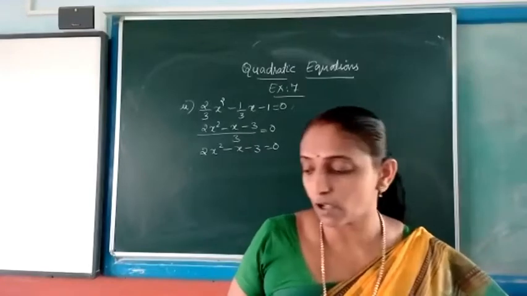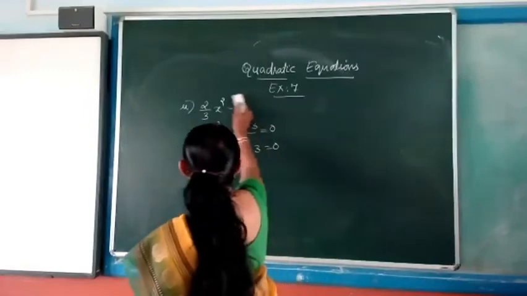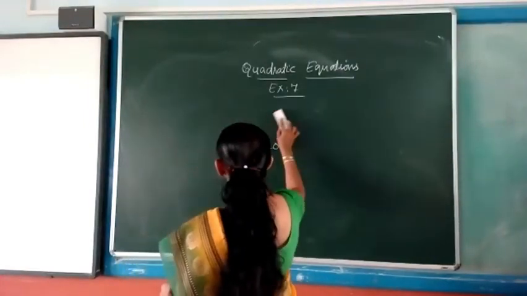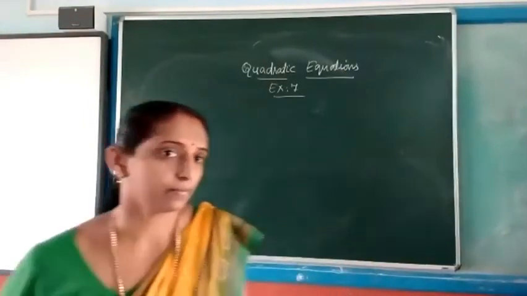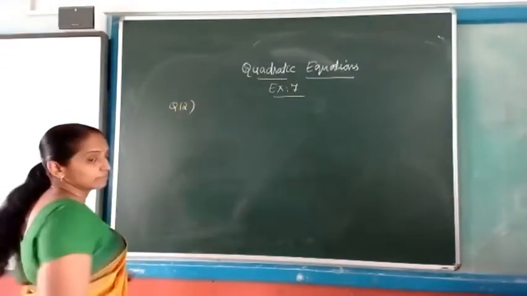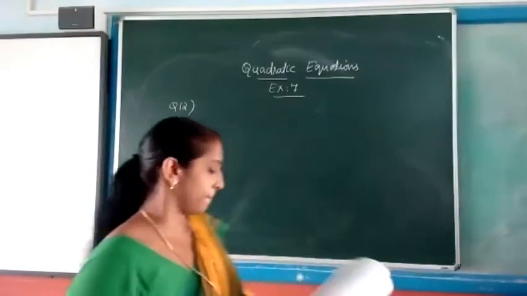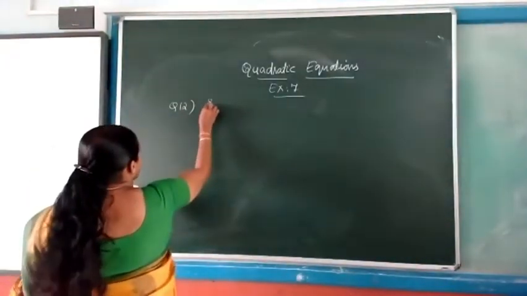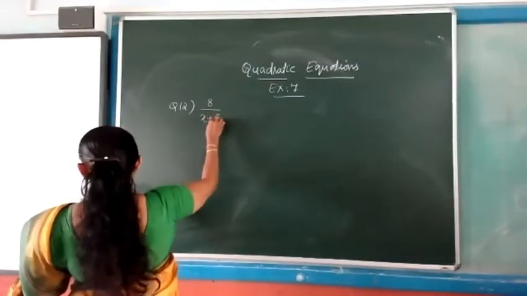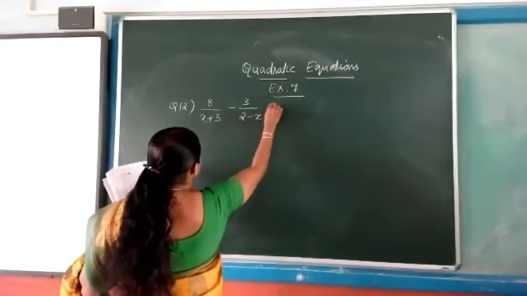Okay. So take out question number 12 now. Question number 12 also we will solve. Then it will be clear to you. Question number 12. Eight upon x plus 3 minus 3 upon 2 minus x is equal to 2.